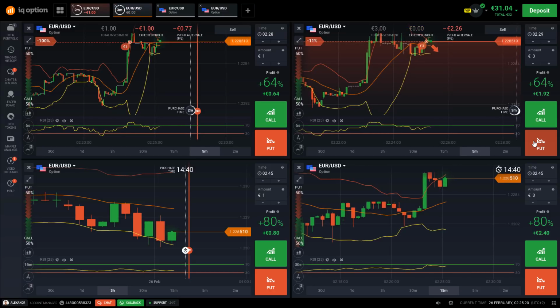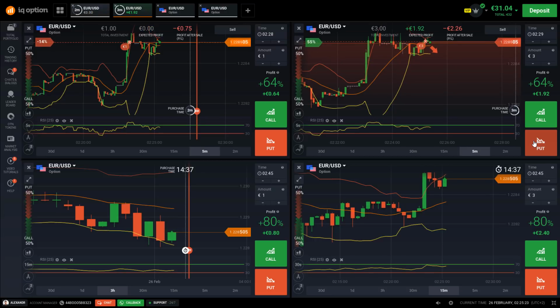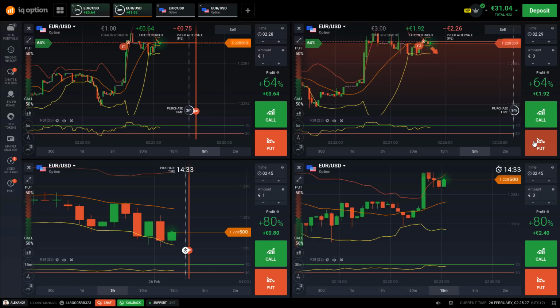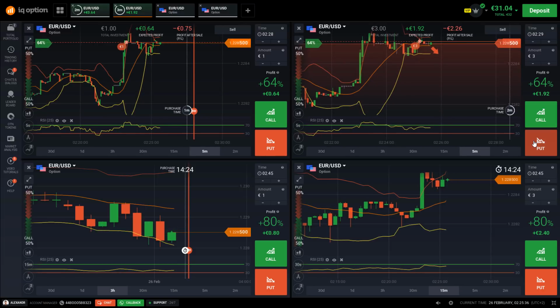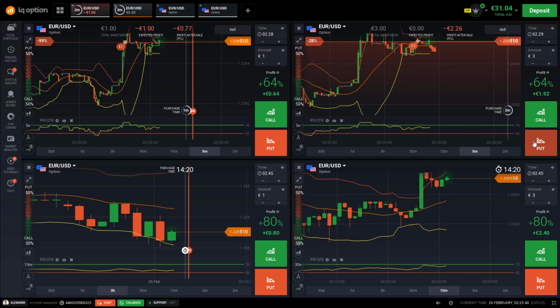So now I'm following it up on the right top window with a 1 minute longer expiry time, but with a €3. Left top is €1.